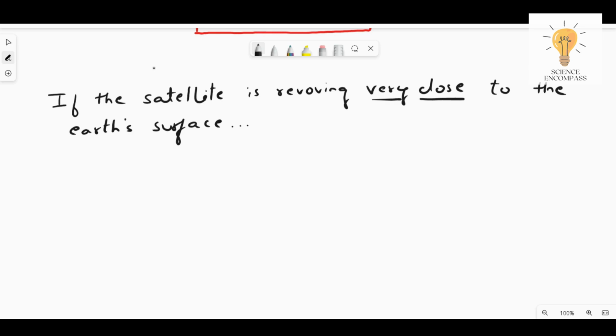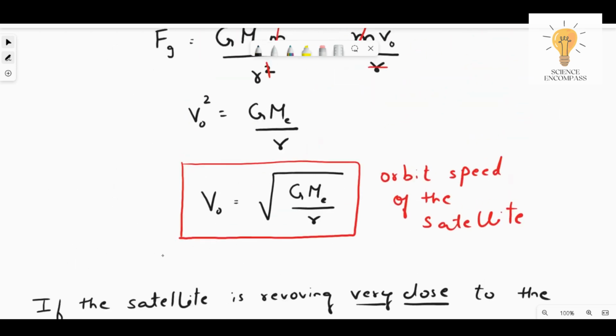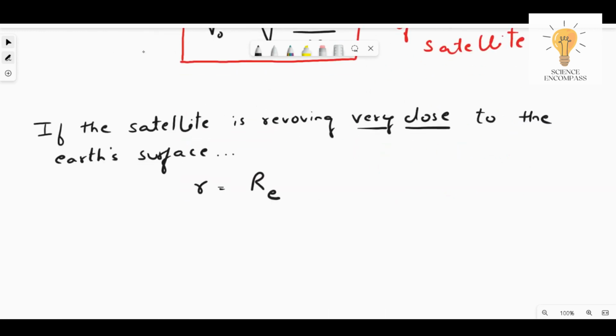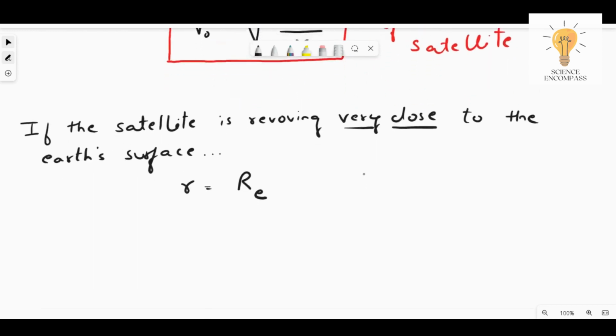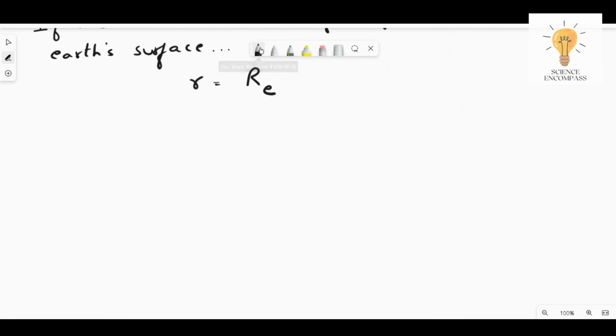The distance is going to be, well, r is actually now going to be RE, the radius of the Earth with a capital R. Now what do we do? We can go back to this formula, the one which I have put in the box over here, and instead of the little r, we can just write the capital R. Okay, so here it is.